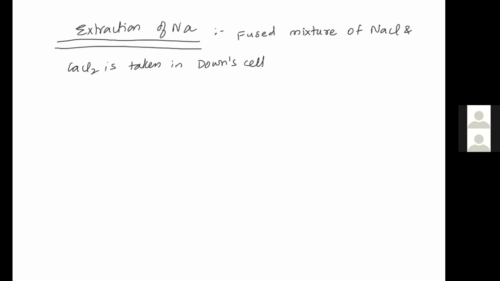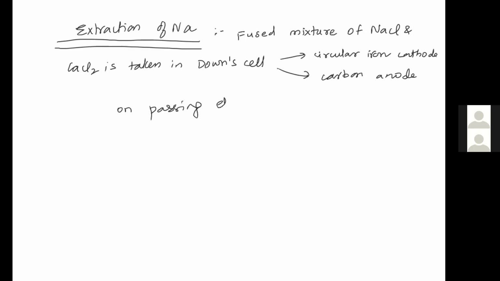So what will it consist of? It consists of a circular iron cathode and a carbon anode. On passing electricity, what happens? First is ionization of NaCl that takes place.